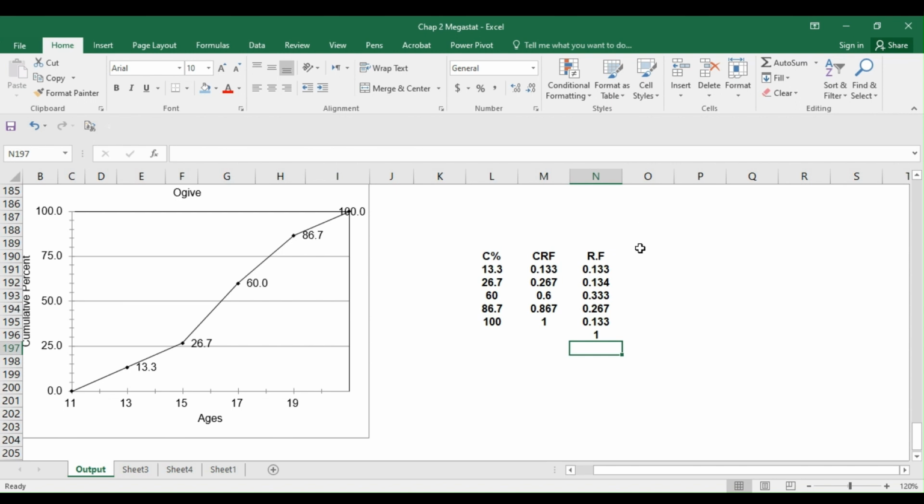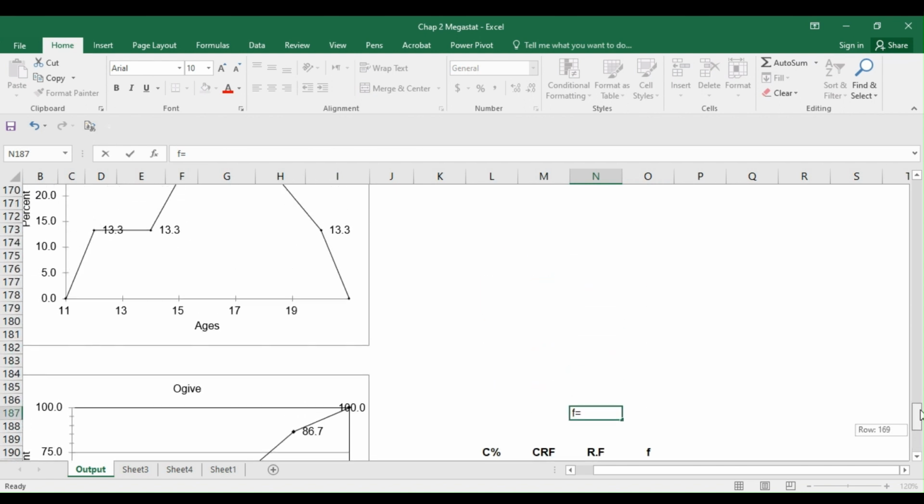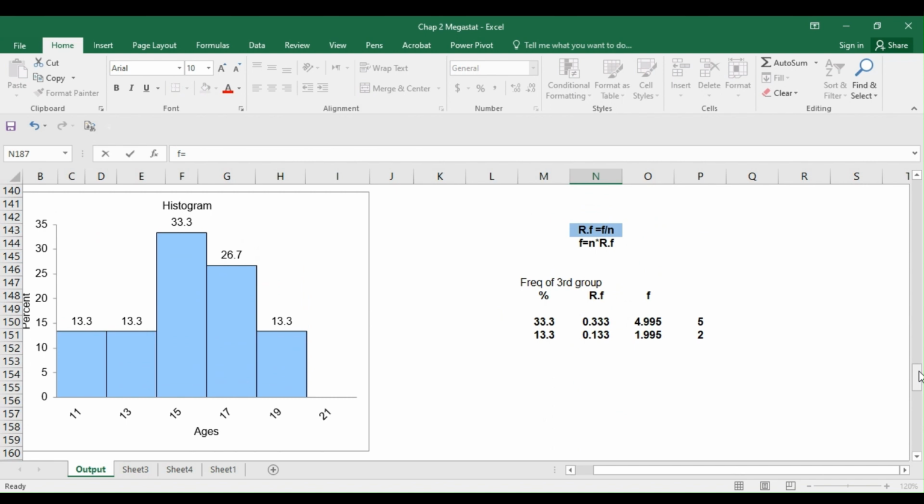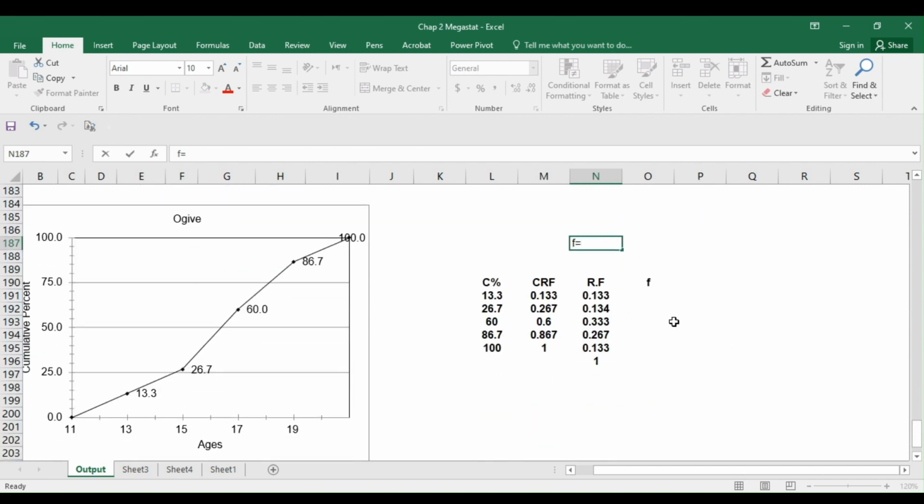And once we have our relative frequency, we can find frequency. How can we find frequency? You all know the formula for frequency. We have studied this formula: frequency equals n times relative frequency. So n equals what? You know it's 15, times relative frequency.